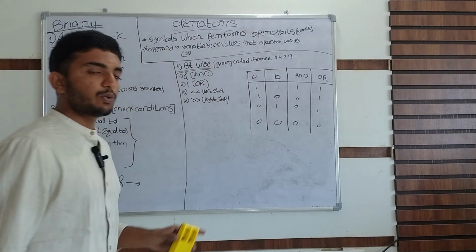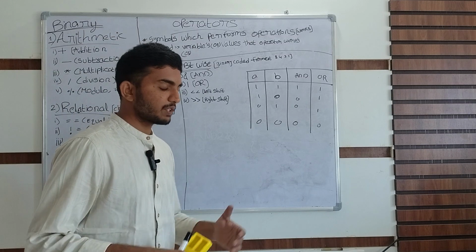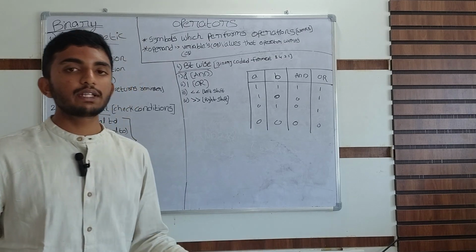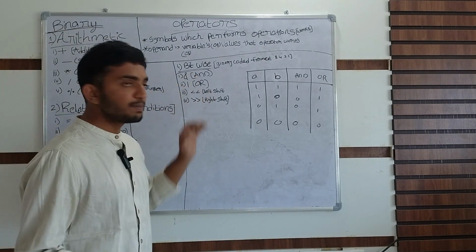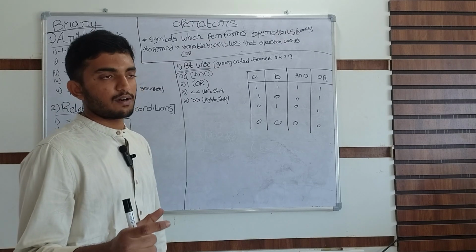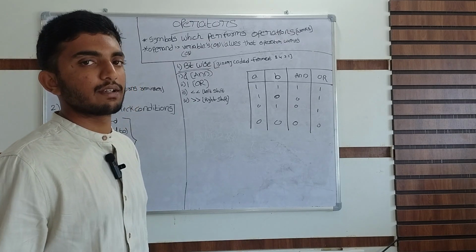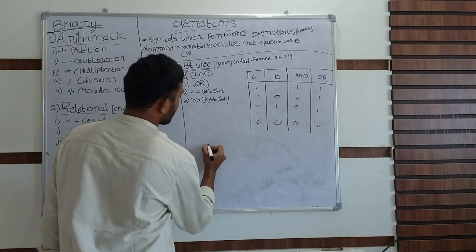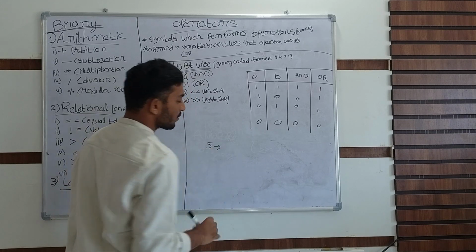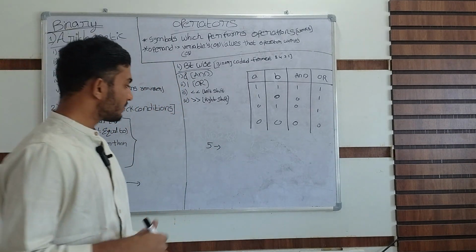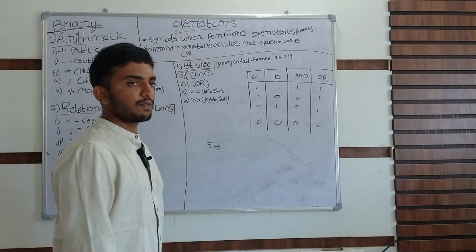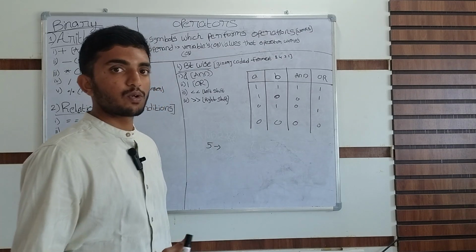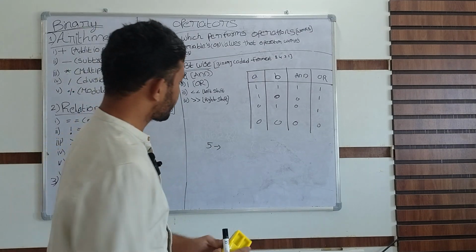Here, bitwise operators. Bitwise operators are used to perform operations on binary codes. Before using these bitwise operators, first we have to know about the binary format of writing. For example, how can we know 5's binary code? There is one small formula.